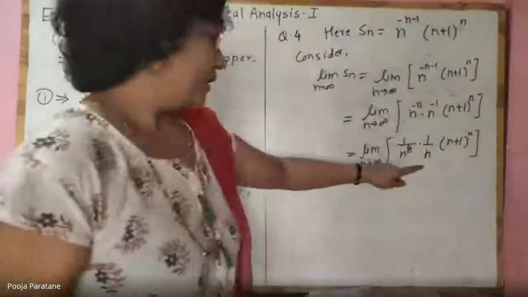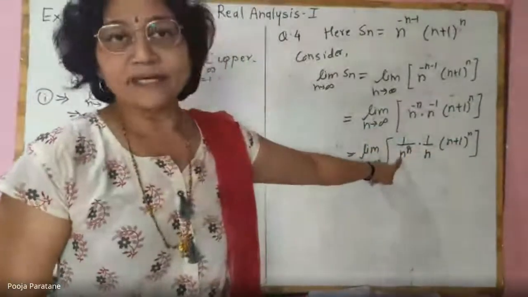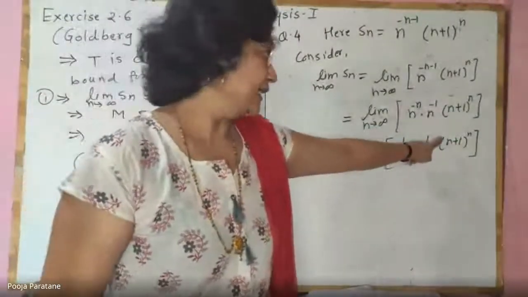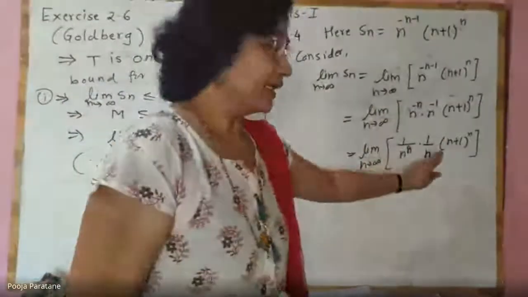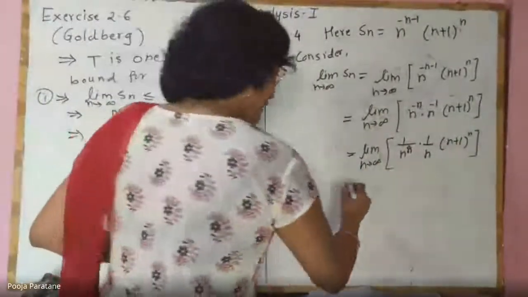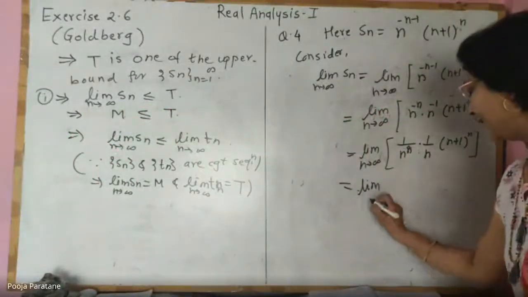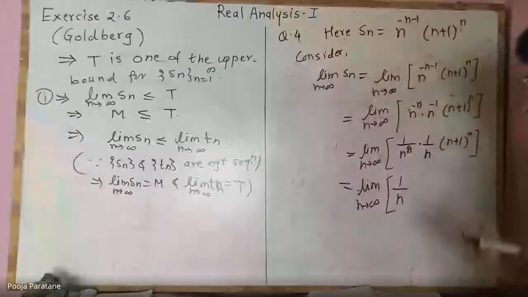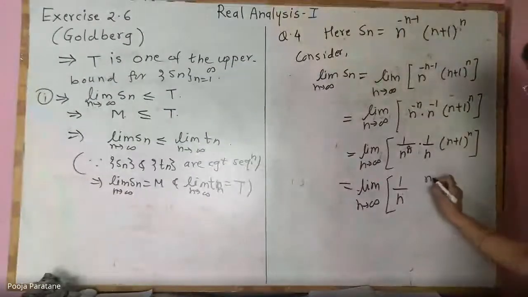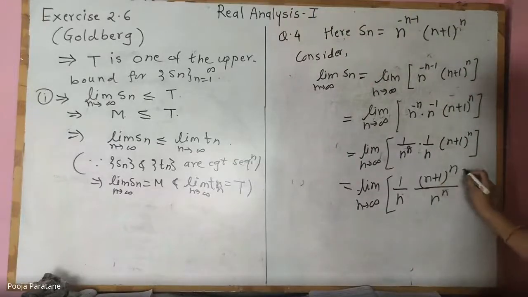Now, this n plus 1 raised to n, I will combine with the denominator n raised to n, so that I can write n plus 1 upon n whole bracket raised to n. And this 1 upon n, we will write on the other side. So this is limit as n tends to infinity of 1 upon n, and then n plus 1 raised to n upon n raised to n.